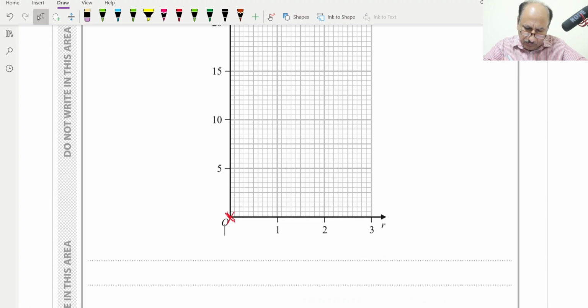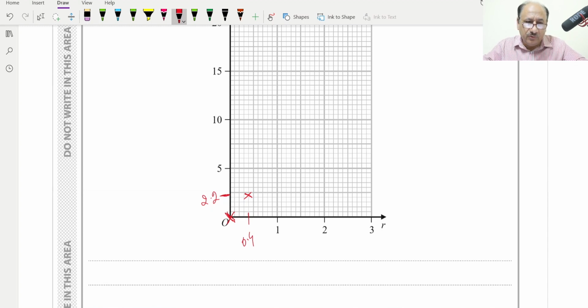0.4 will be this point, and 2.2 will be around here. I'm writing the reference also for your understanding of how I'm taking the values.